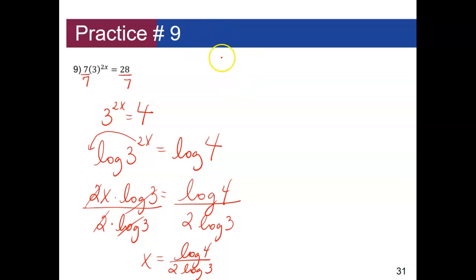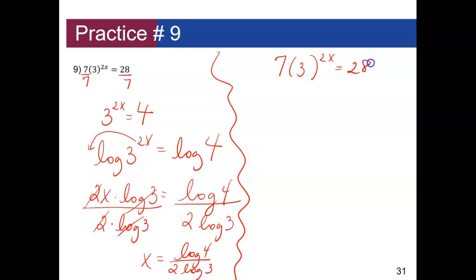One thing I wanted to show, and I talked a little bit about an alternative way to do this. If we were going to do this the alternative way, and again, I'm mainly showing it in case you happen to have seen it this way before and liked doing it that way, we'll still divide by the 7. So we'll have 3 to the 2x equals 4.